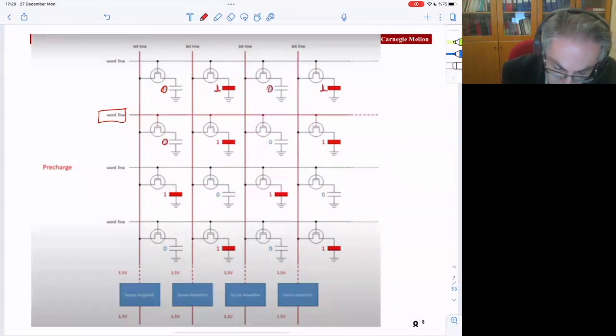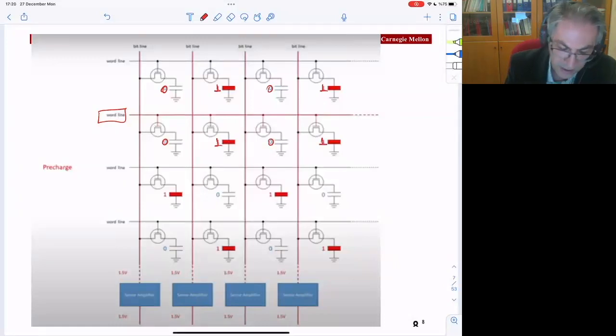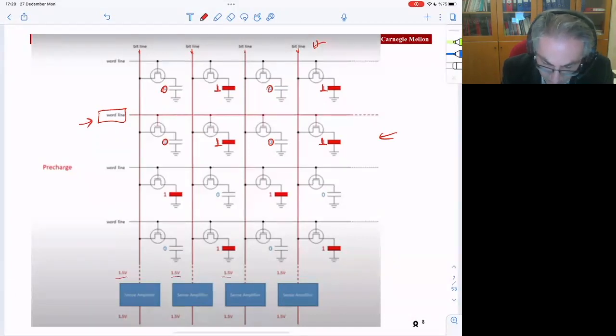This is the initial value on my DRAM. Now, if I want to read this particular word, first you take these bit lines all to a high value, which in this case can be around 1.5 volts.